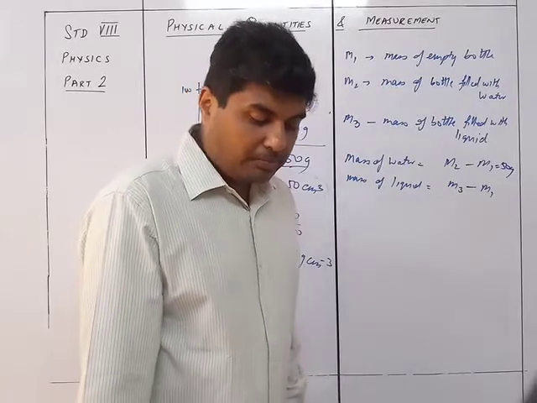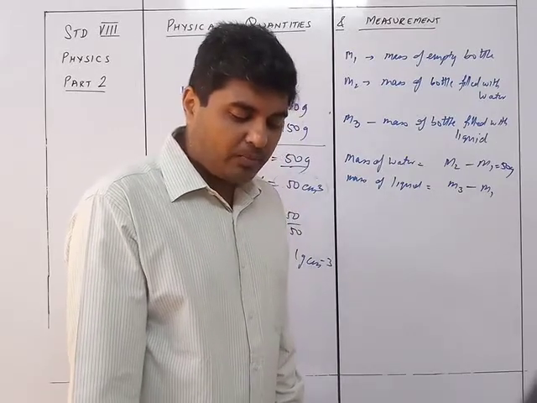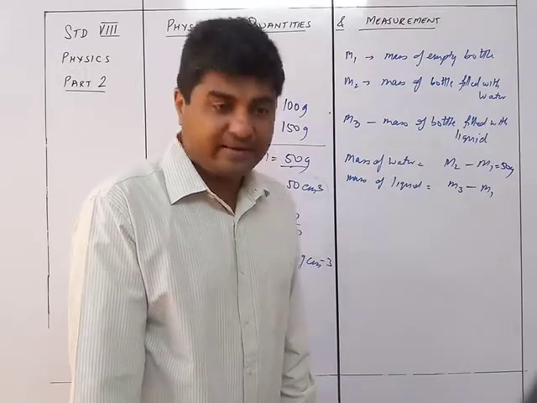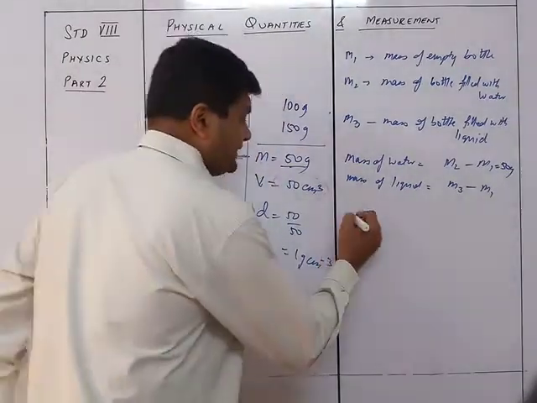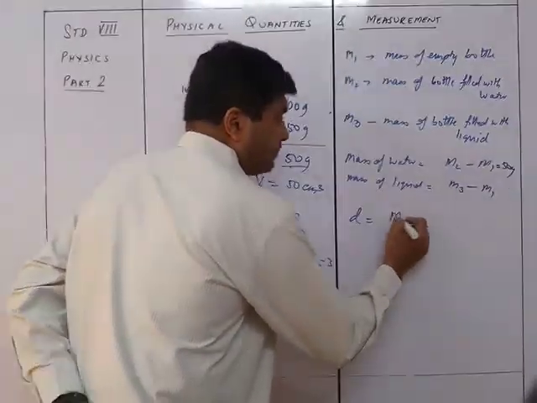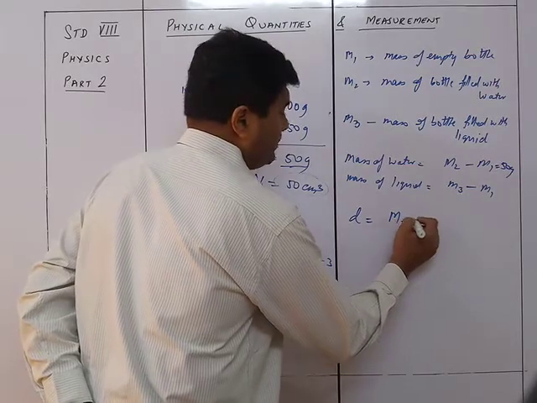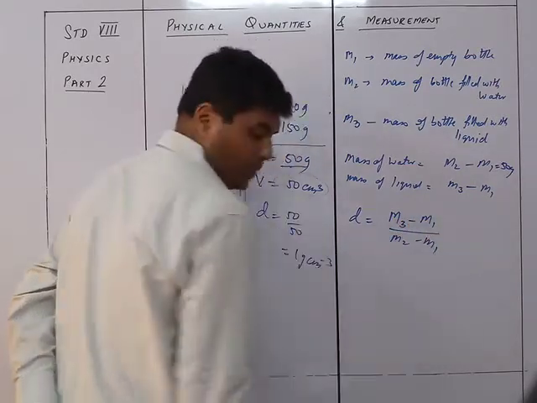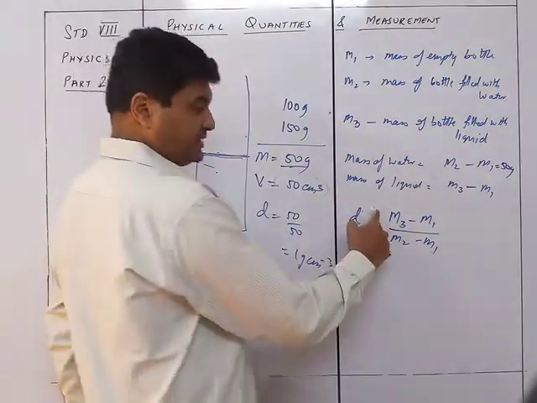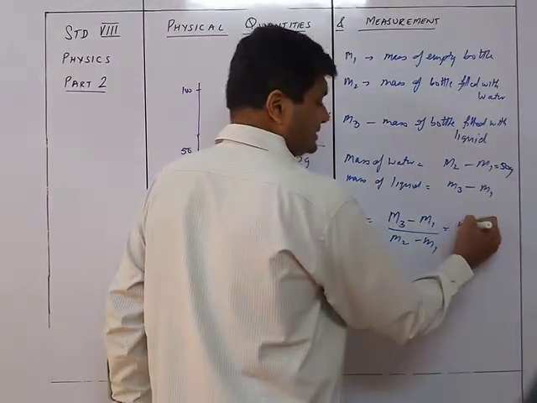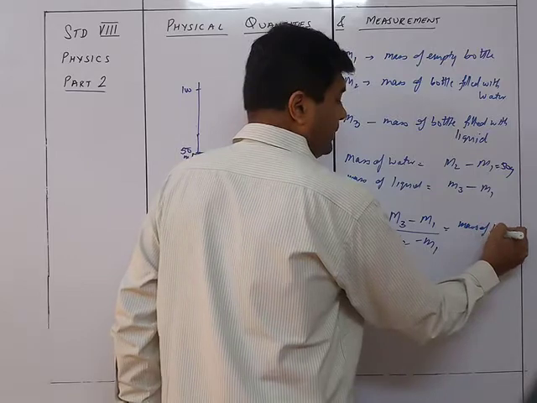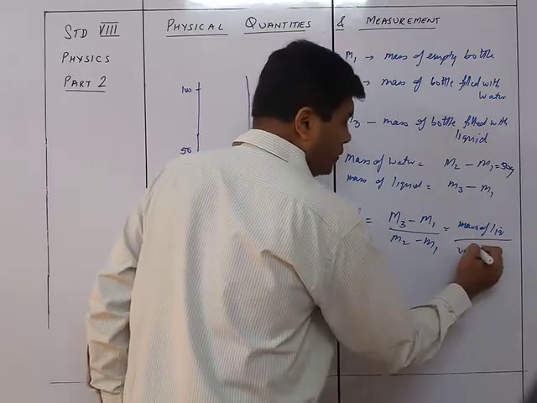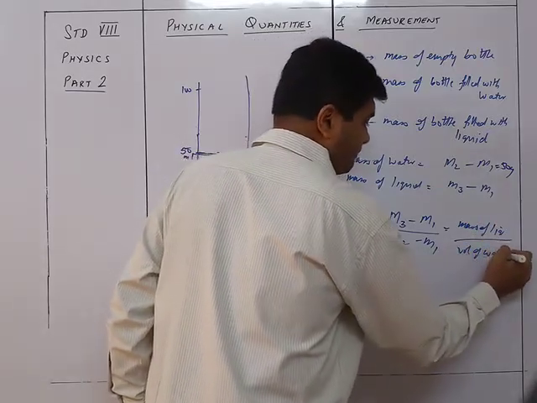So mass of the liquid is M3 minus M1 grams and volume of the liquid is M2 minus M1. So that is why density is equal to M3 minus M1 upon M2 minus M1. Okay, because this is mass of liquid upon volume of water.